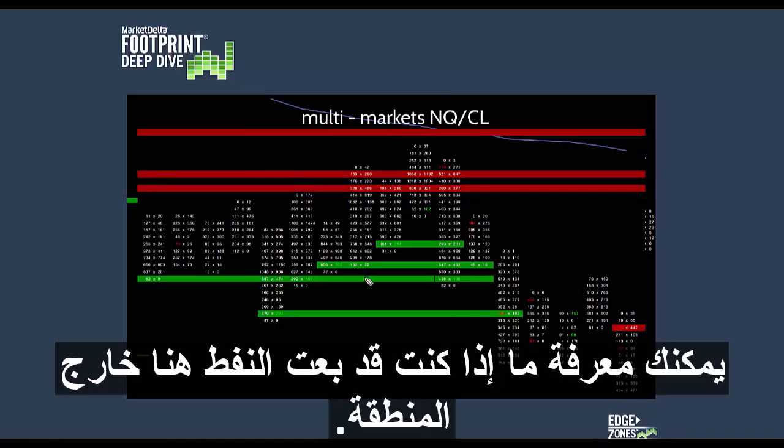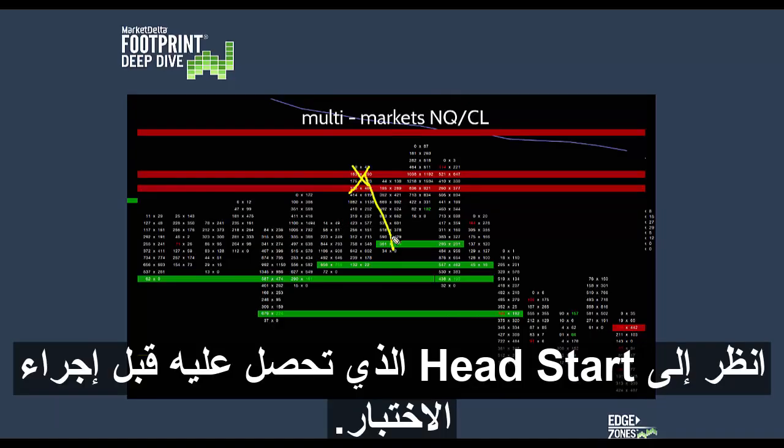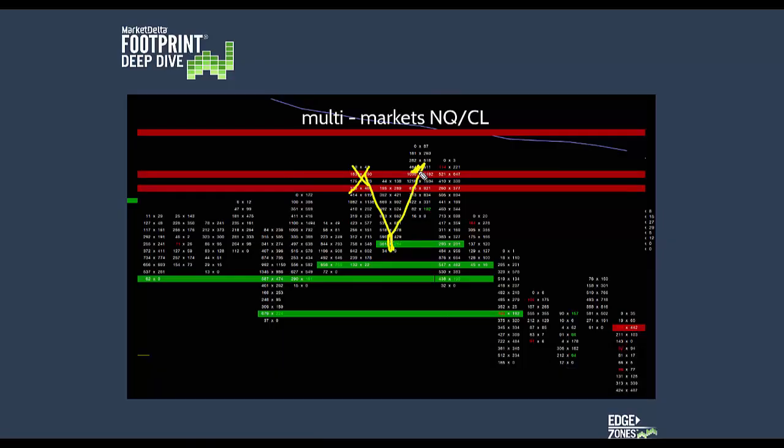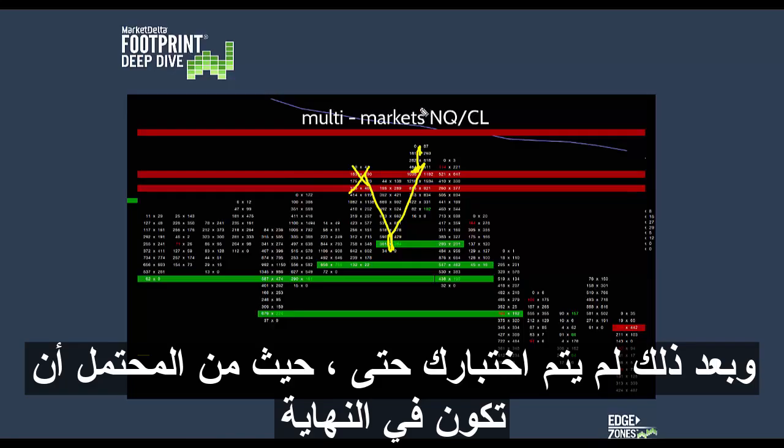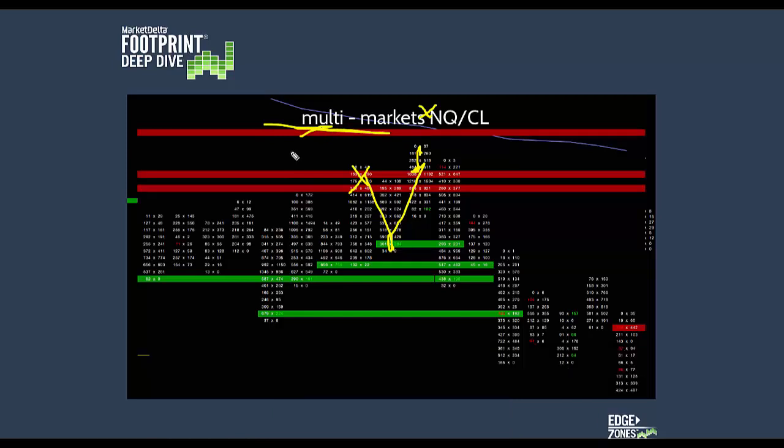You could see if you sold oil in here off of this zone, look at the head start that you get before you get tested. And then you're not even tested through where you'd probably ultimately be wrong on a short, which is above this red initially. Then you adjust accordingly.